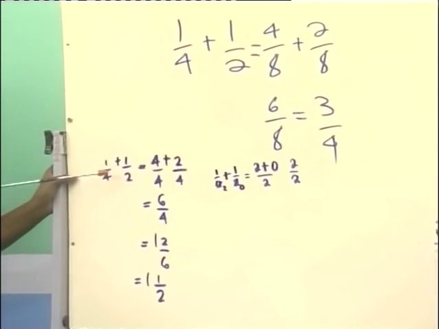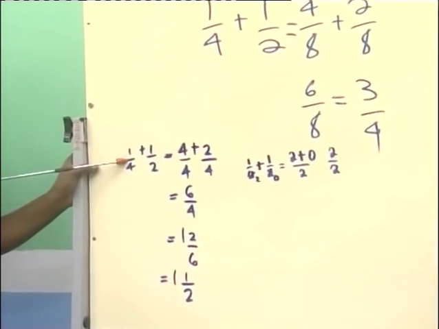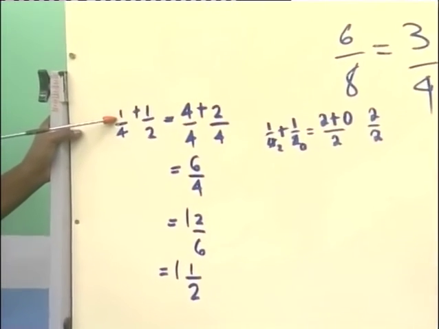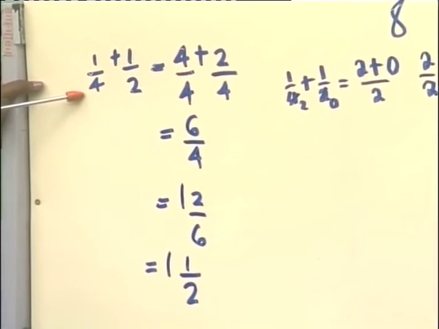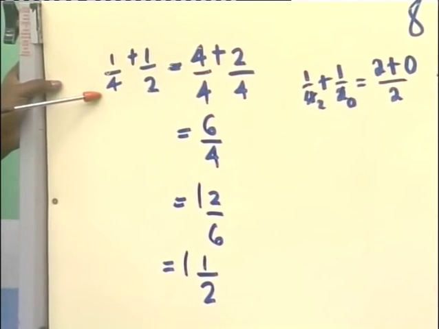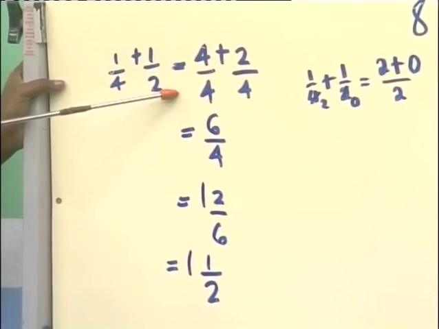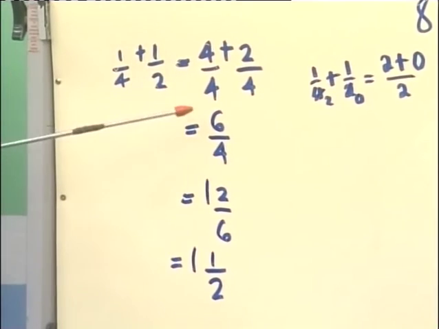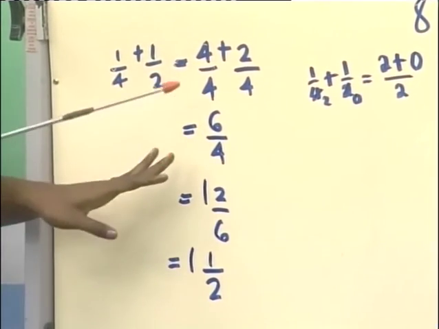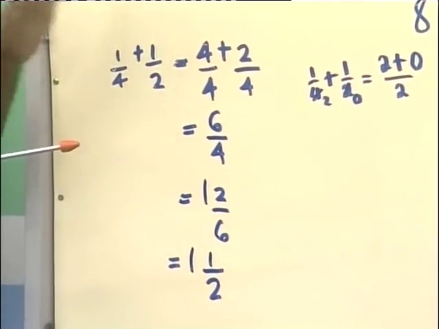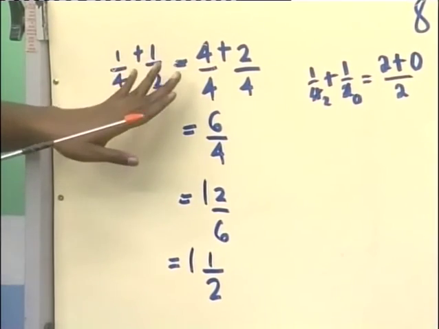Is 4 over 4 equivalent to a quarter? Yes or no? No. 4/4 is equivalent to 1 whole. So a quarter, should we change it, or it stays the same? We leave it as it is.